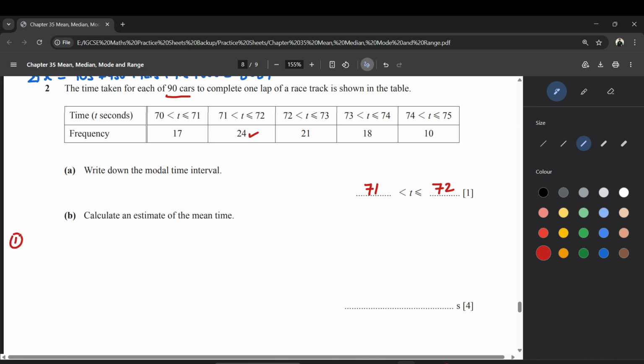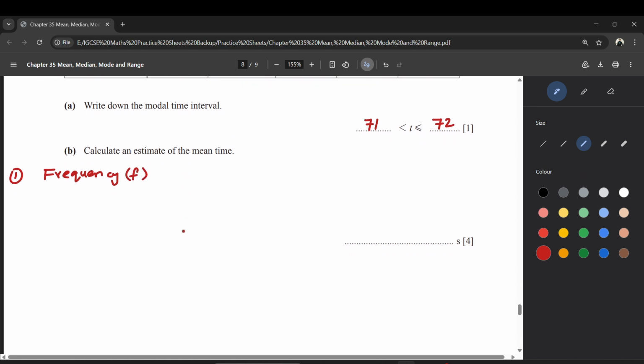Again, first step is we draw the table and we start with frequency. Okay, so let me draw a straight line. The first column is going to be of frequency.